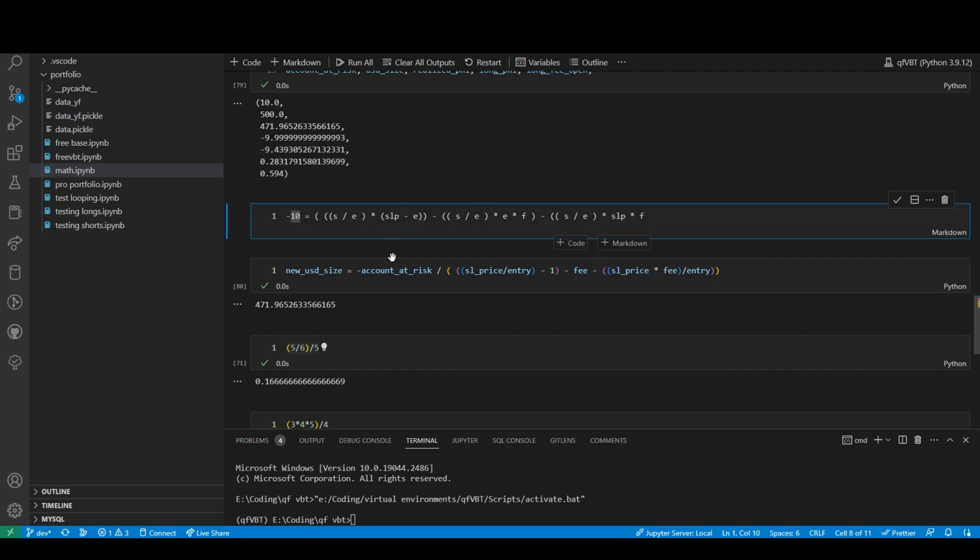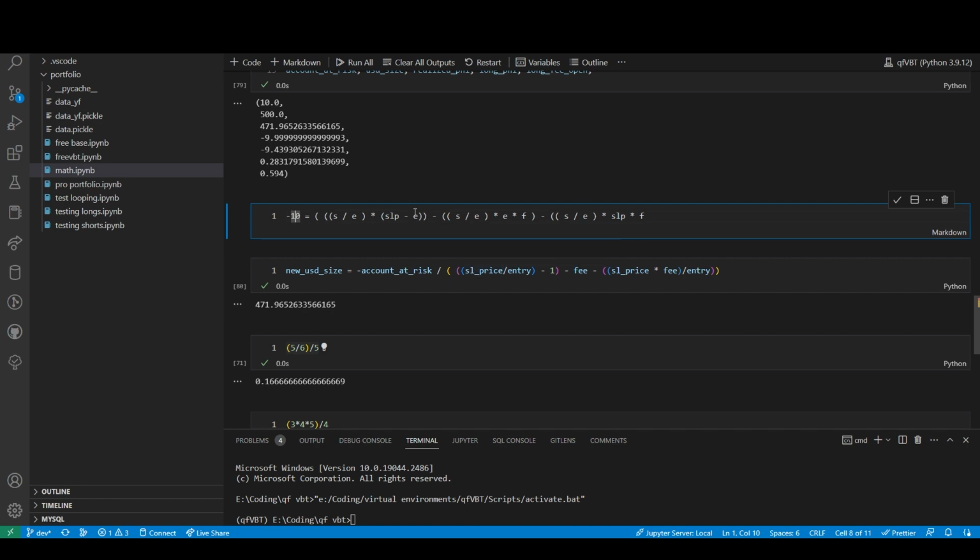I have this all written down on paper, but what it comes out to be, oh man, how do I explain this? I'd have to do that math language thing.